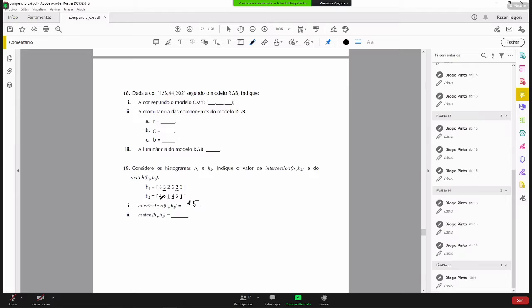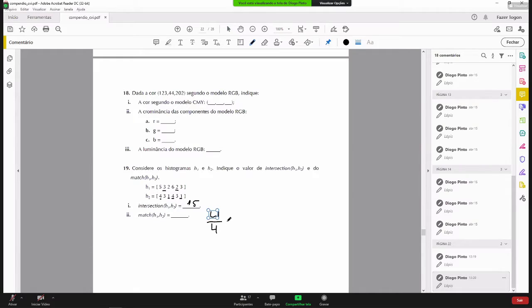And then the second one, I was not really sure, but because it's the match, I think it was the same thing. I would choose the same values, but then I would divide them by the values of the second histogram. But in the quiz, I should mention which histogram stands for the model, because you cannot guess.